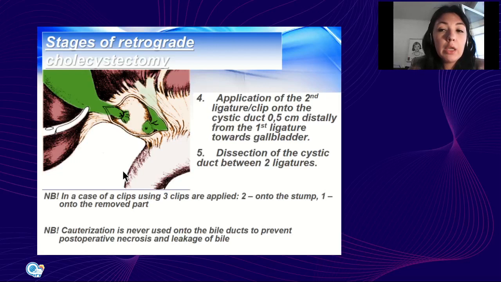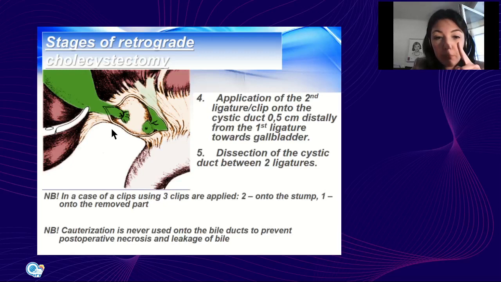In case of metallic clips, we use 3 clips. 2 should stay in the body, closer to the common bile duct, and 1 onto the part that is removed. Because we should in no way allow leakage of bile into the peritoneal cavity. Once again, I'm telling you.